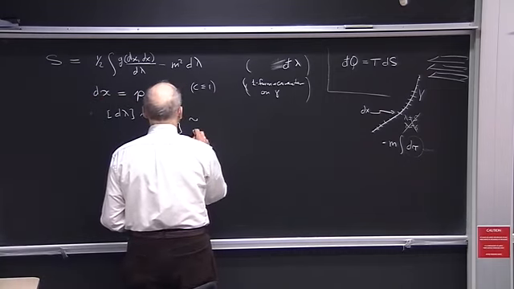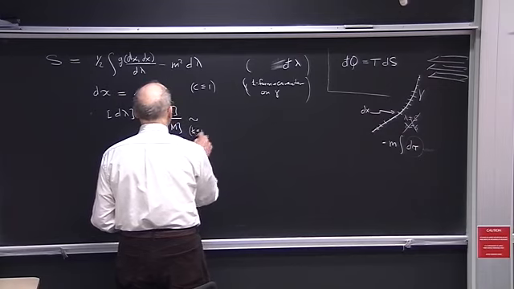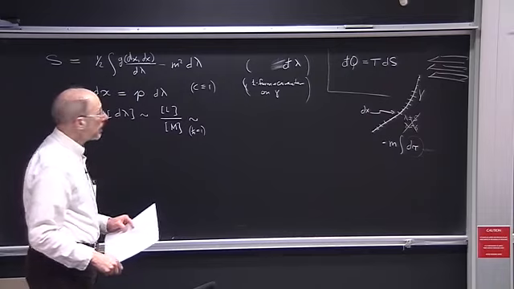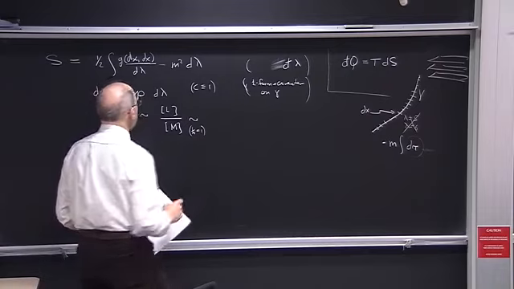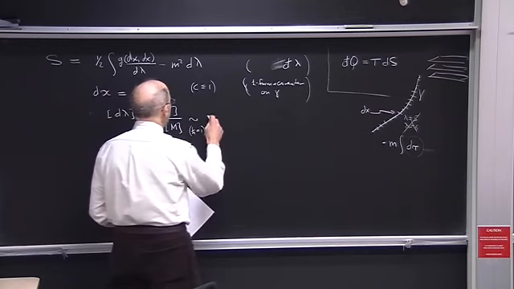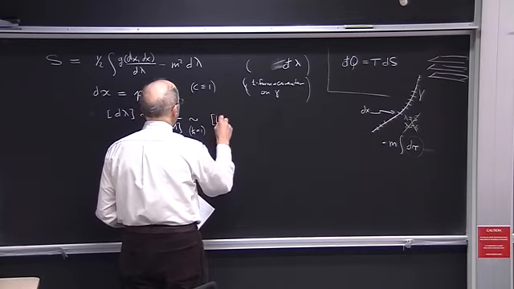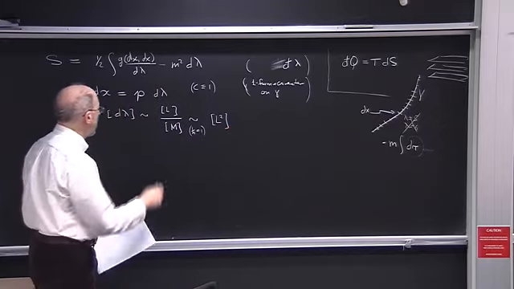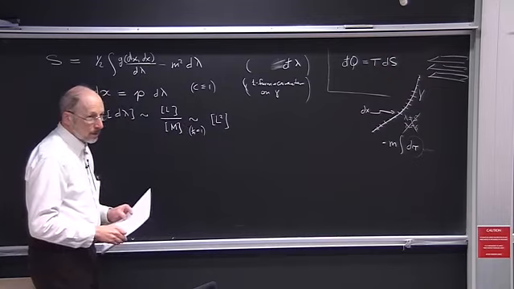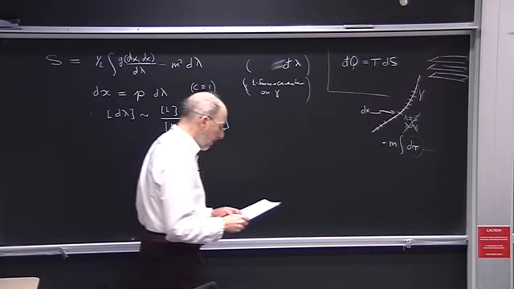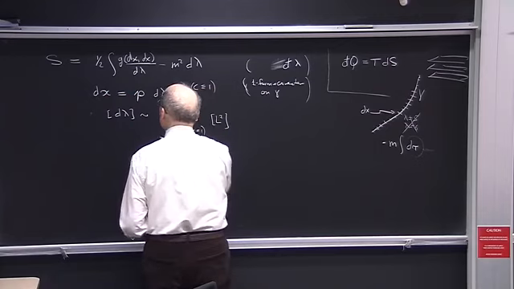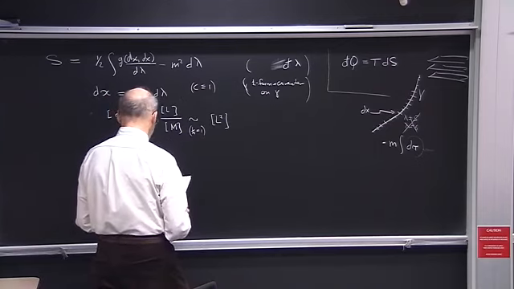Now, if we also set h bar equal to 1, which normally you shouldn't be worrying about in the case of classical gravity, but if we're now thinking of an individual quantum like a photon, then this just looks like a length squared, right? Because in units of h bar equal 1, mass and length are inverses of each other. So in some sense, this d lambda is an area, or an infinitesimal area.